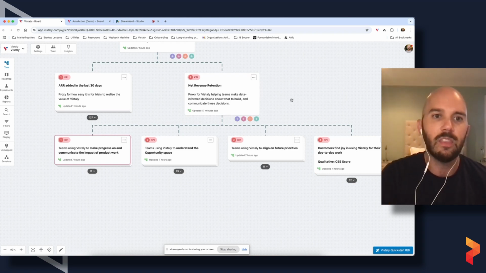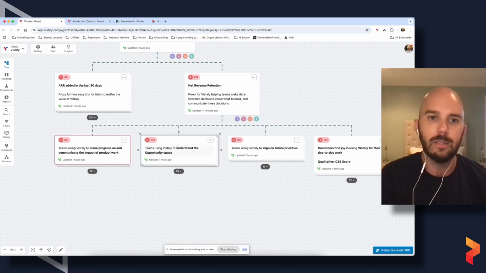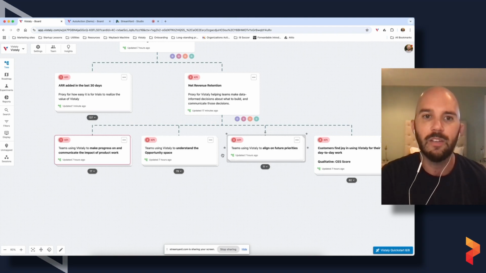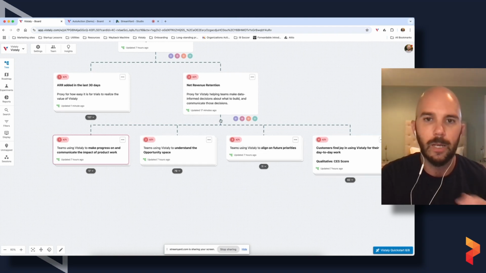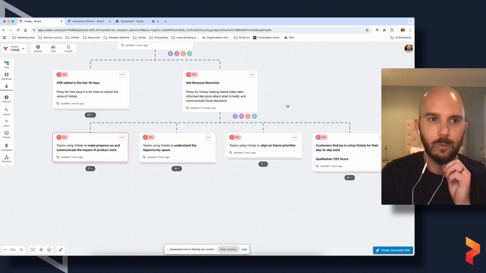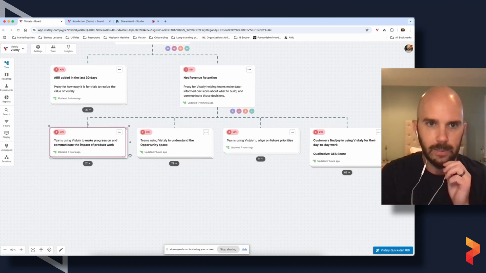These are the things that companies come to Vistaly to try and do. And if they're not able to do this, then of course they're going to churn. So we've broken it down into these buckets.